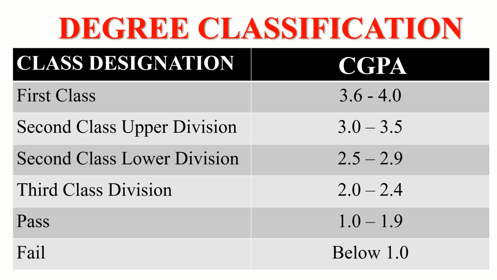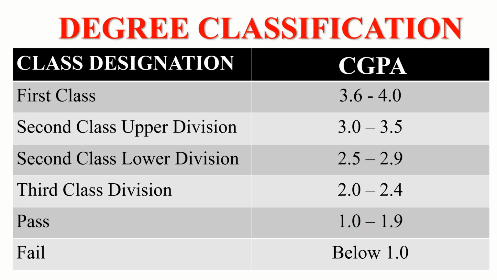Now for pass, we have 1.0 to 1.9. So that is it for pass. And then for fail, if your CGPA is below 1.0, you are classified as a failed student. So if your CGPA is 0.5, you are a failed student. If your CGPA is 0.9, you are a failed student.